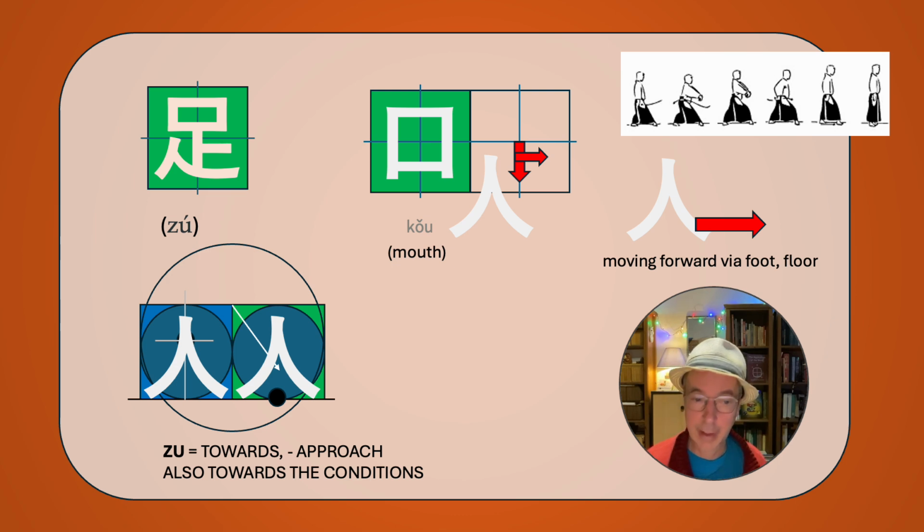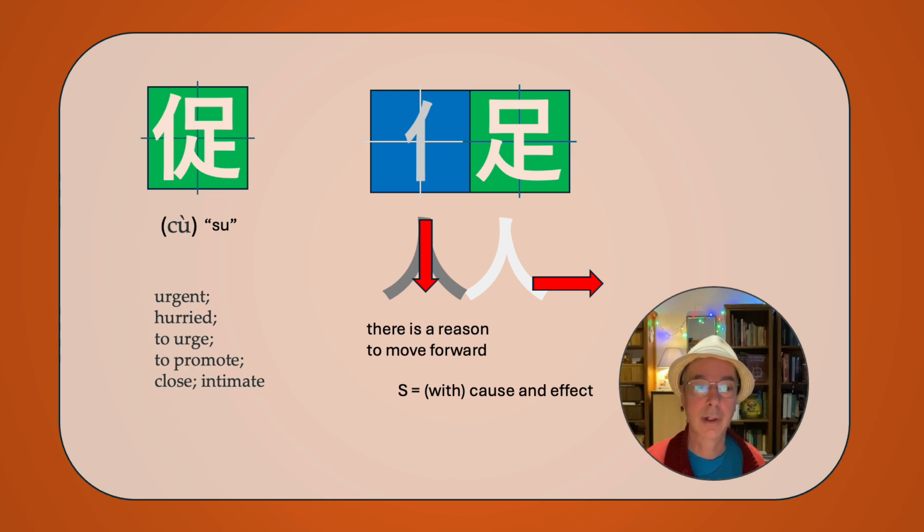Same thing in the background is here as well, and that's why the Tsu, the move forward, is led by the feet, by the foot. And literally it is actually also the foot and so on, but it can be used differently as well. But then you have this idea in the background.